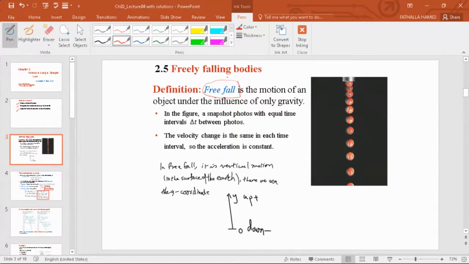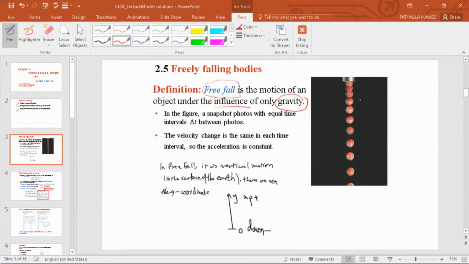But when you drop things, they actually fall on their own toward the surface of the Earth. That's why we don't see anything pulling them down to the ground, and that's why we say free fall. We say that this is happening under the influence of gravity. So gravity is causing that.